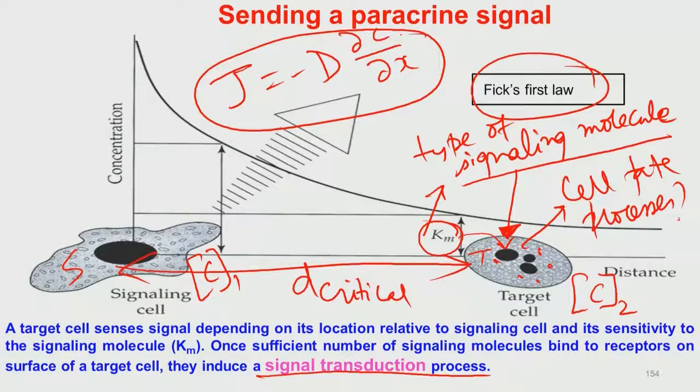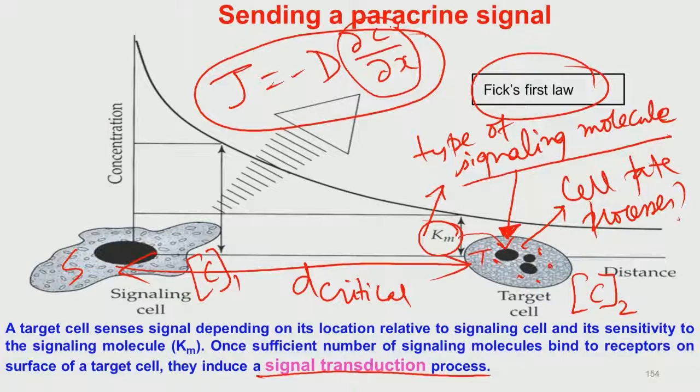Capital D is the diffusivity of that particular signaling molecule in a typical cell culture medium, capital J is the flux of the signaling molecule per second, and del C upon del x is the signaling molecule concentration gradient which is set up between the signaling cell and the target cell.